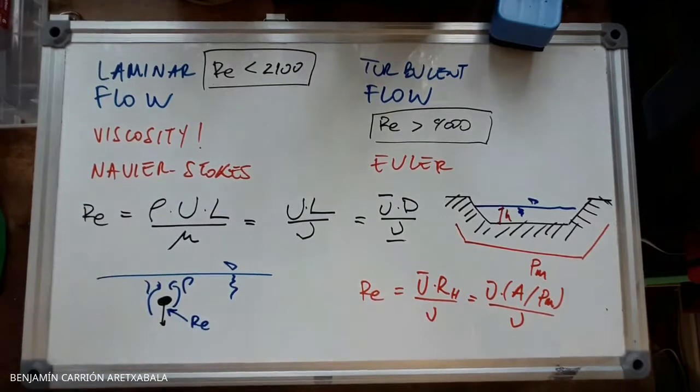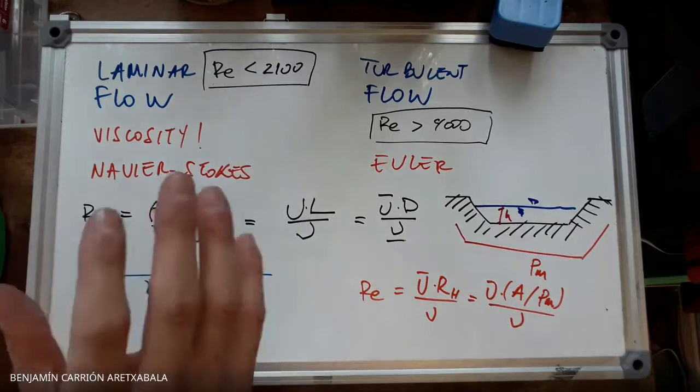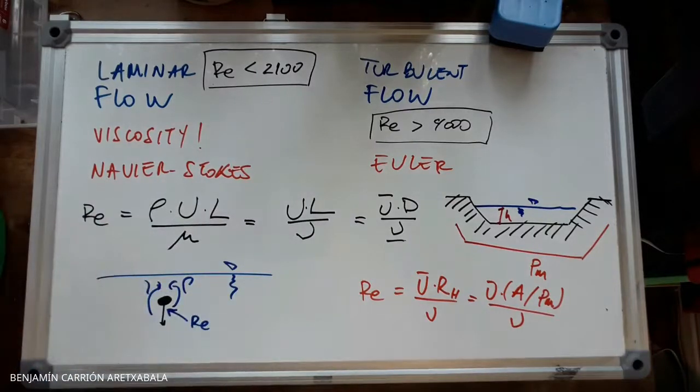Normally, that tracer or that ink is going to be way more viscous than water, right? So you might do the same calculation in order to determine the flow regime of the ink.